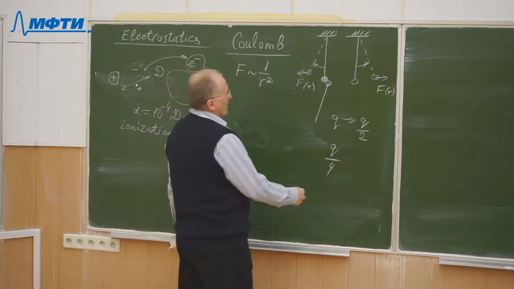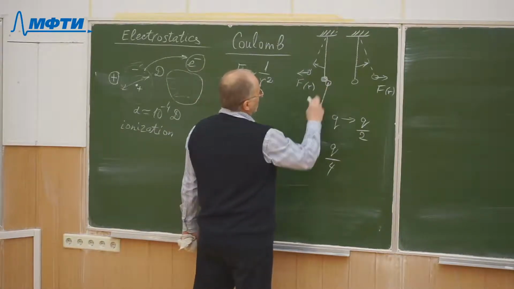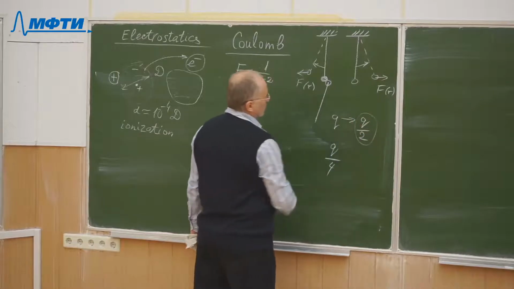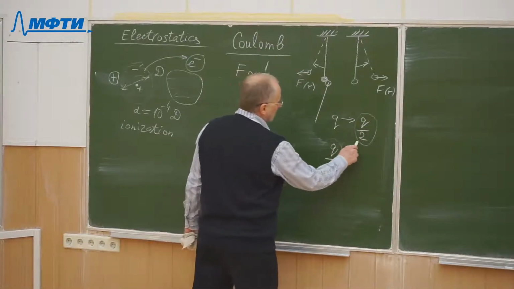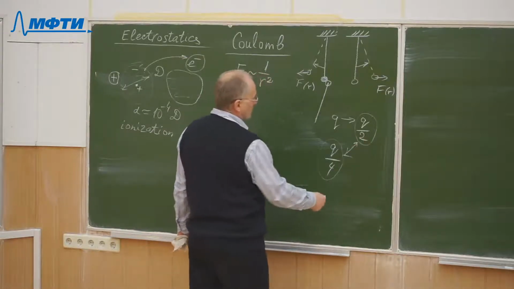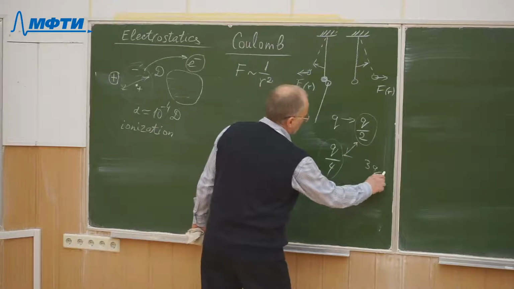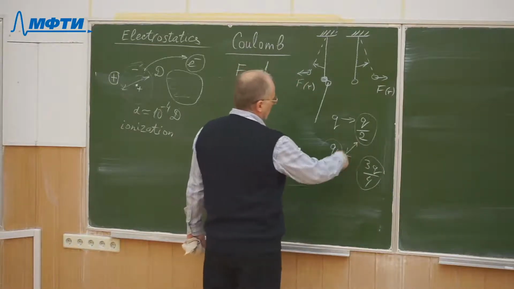And then you remember that originally there were two balls which had this charge, and if another ball now has this charge, we may touch the two balls, and the resulting charge will be the same. That will be 3Q over 4, on the two balls after touching.